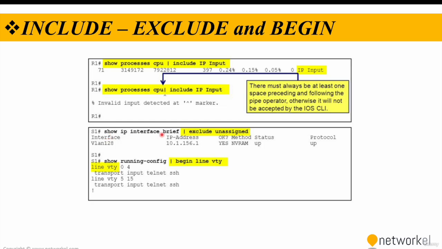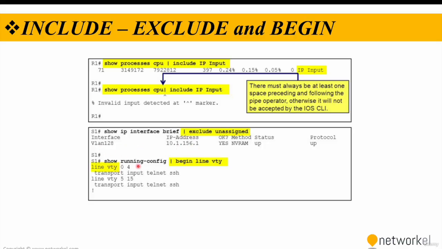Show IP interface brief, pipe exclude, this time exclude unassigned, which means it will exclude all the interfaces which don't have an IP address. Any line with unassigned in the output will be excluded, which means I will only be able to see the interfaces with IP addresses assigned.